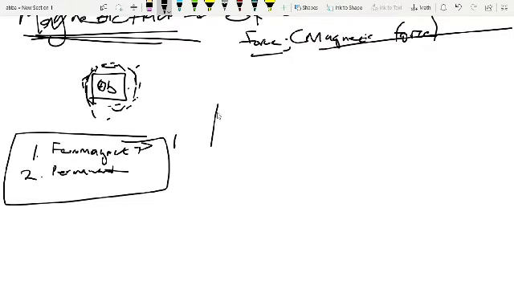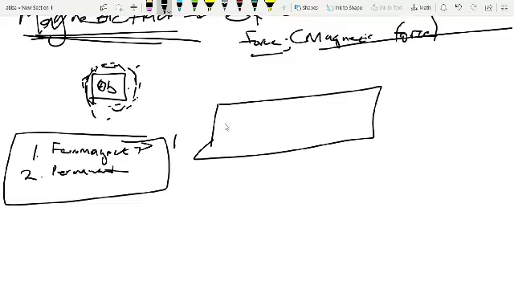Let me try to explain the domain. If you have a magnet like this, it can be separated into domains. This is what we call a domain, right? Inside the domain, the arrows will face the same direction.